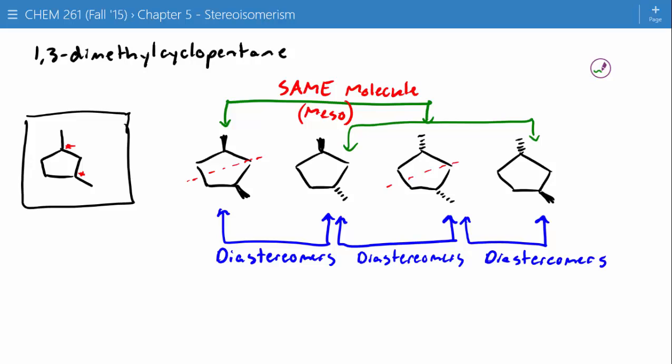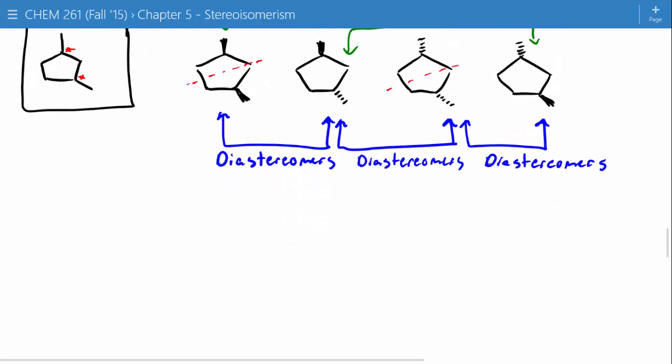So in this case, these would be enantiomers. So how many possible stereoisomers do we really have with this molecule? 3, not 4. So that 2 to the n really is the most potential possible stereoisomers, but you always have to watch out for meso compounds because occasionally you will be drawing the exact same compound over again. Does that make sense?